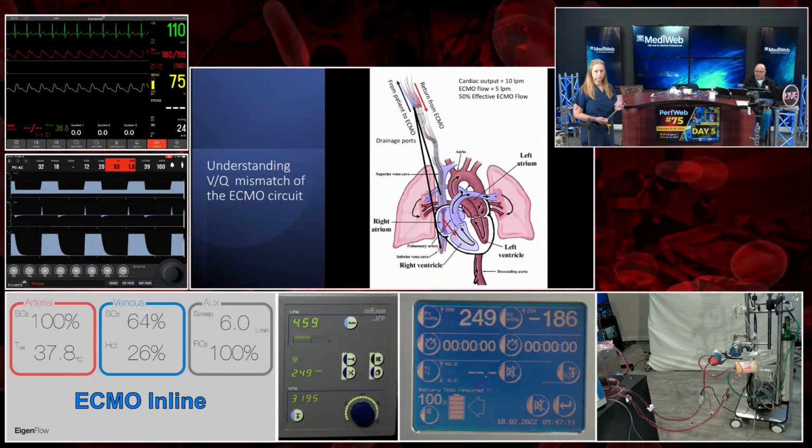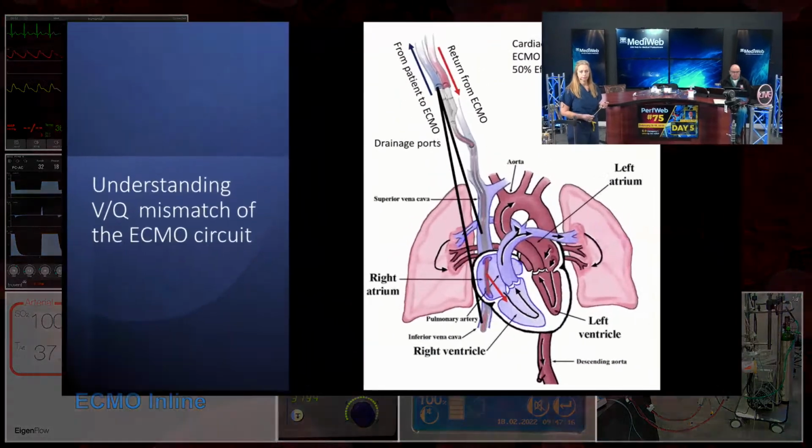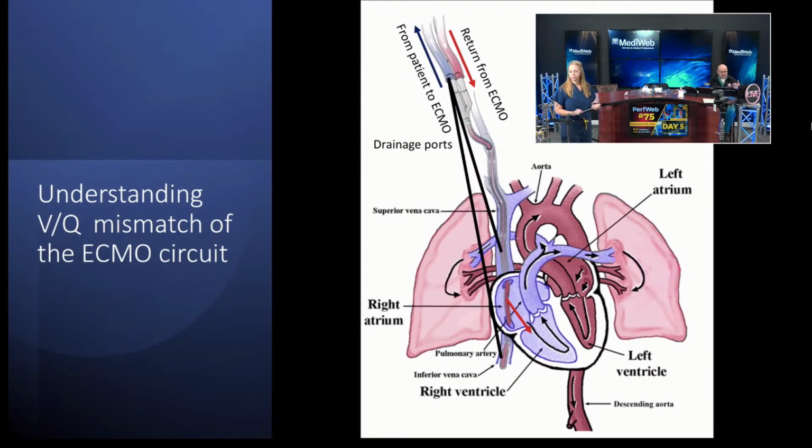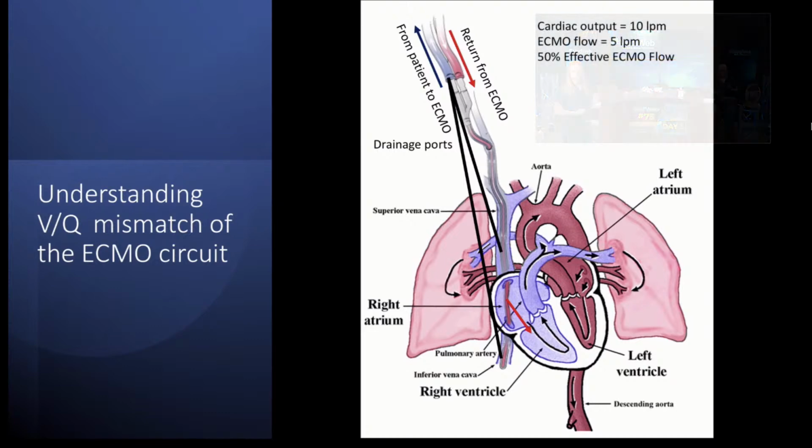And here, go ahead and throw the slides up if you would. So here is understanding what I call VQ mismatch of the ECMO circuit. You see your cannula there. Here's your cannula. You have drainage coming from this area and this area, with return coming this way down the cannula and out right here.